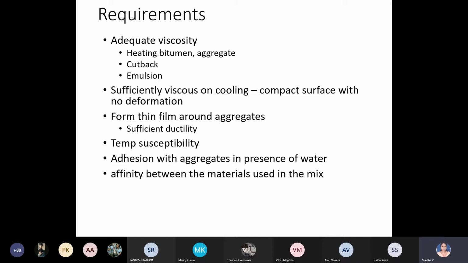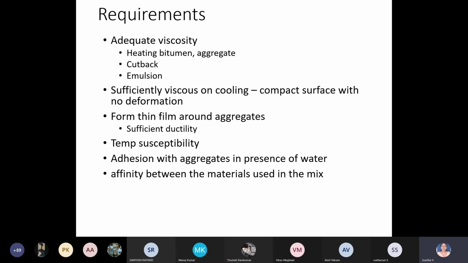What is the consistency of the bitumen at some specified temperature, or to attain a particular consistency, what should be the temperature of the bitumen? That you find in temperature susceptibility.